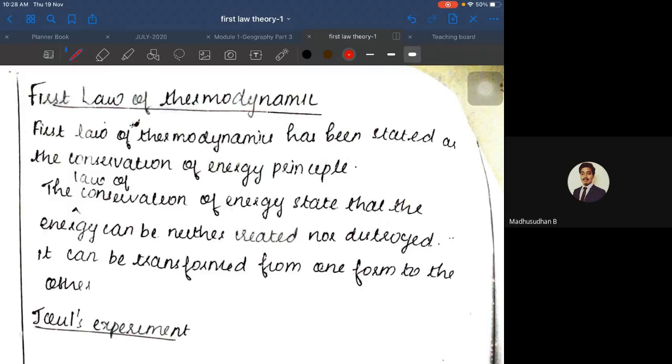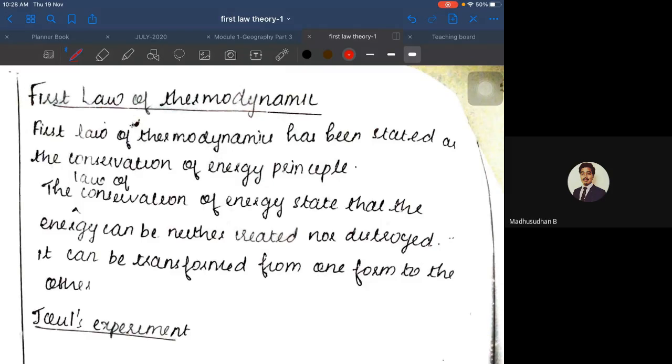The whole universe follows this law. There is no substitution for this law. You cannot create energy or destroy energy, but you can just transfer it from one form to the other form. That is the only thing you can do with energy. That is a beautiful statement, which is known as the law of conservation of energy. And your first law of thermodynamics draws its principles from this law of conservation of energy.